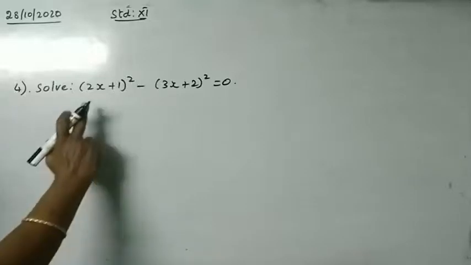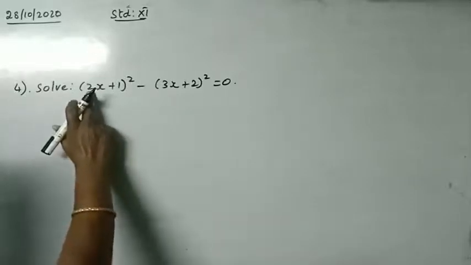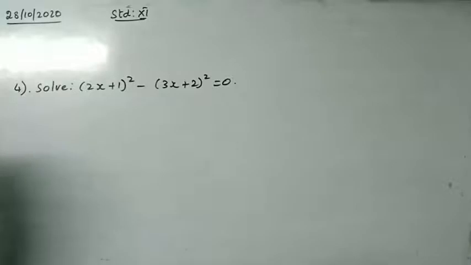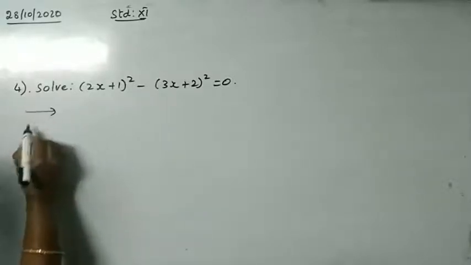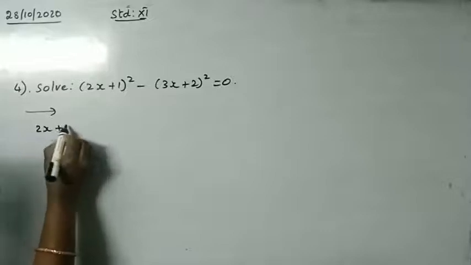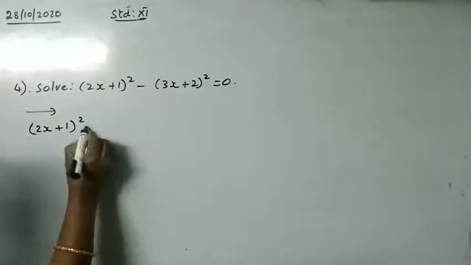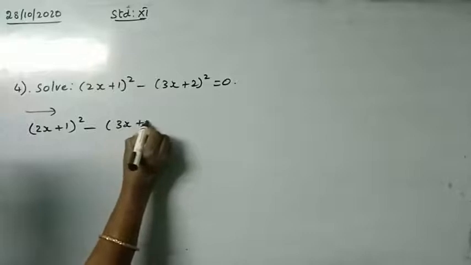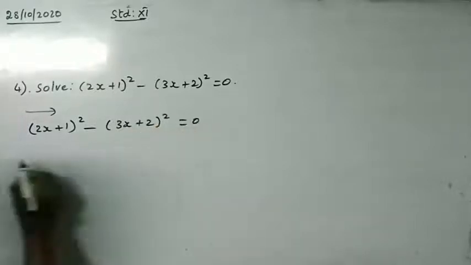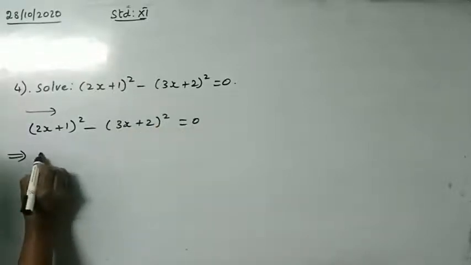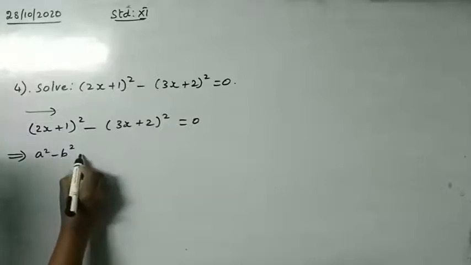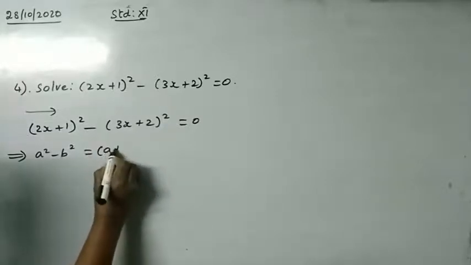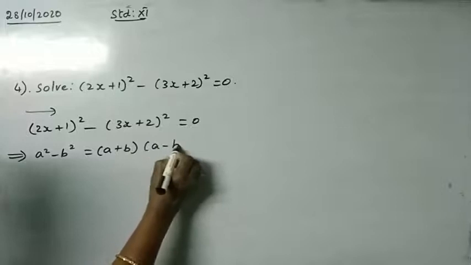Now instead of expanding this by using a plus b the whole square, we can use the identity as well. So (2x plus 1) the whole square minus (3x plus 2) the whole square equal to 0, which is like the identity a square minus b square, which is equal to a plus b into a minus b.